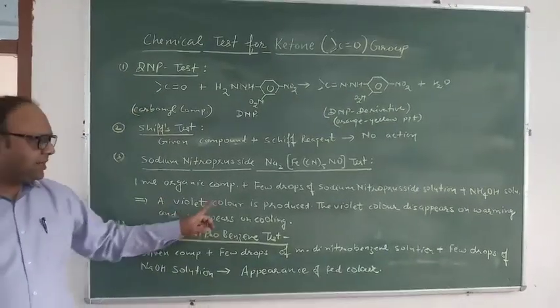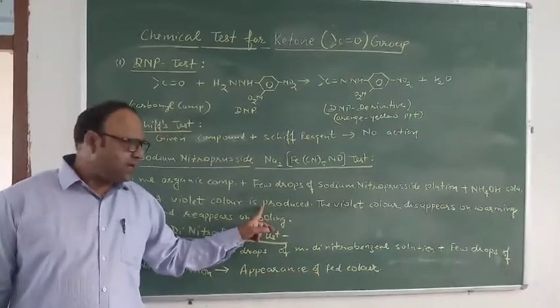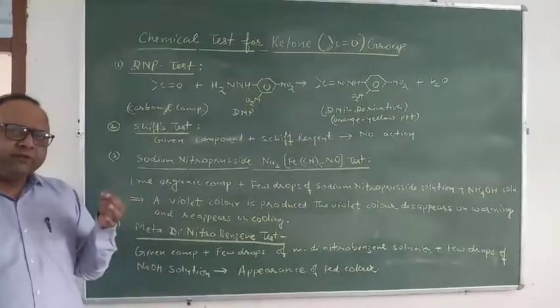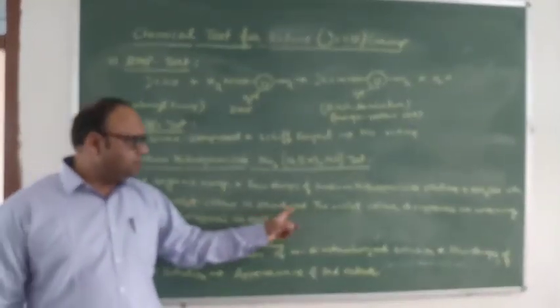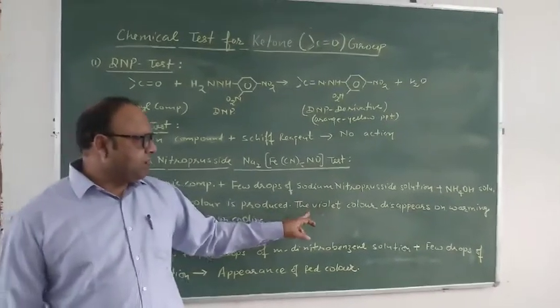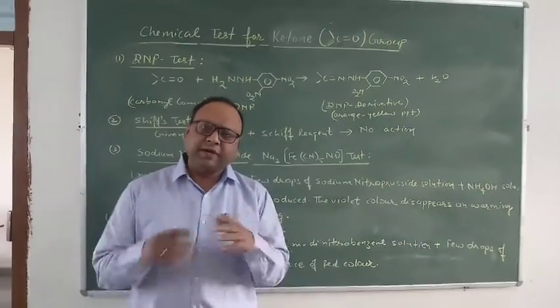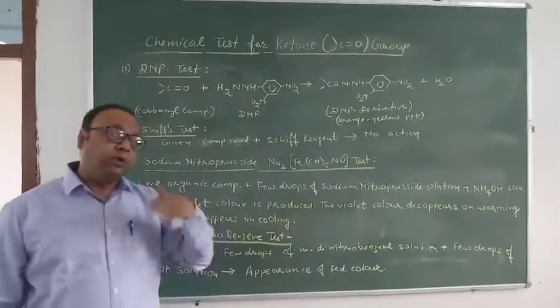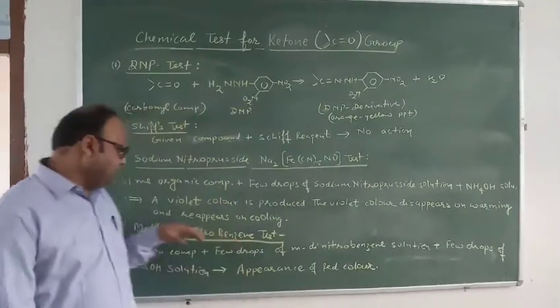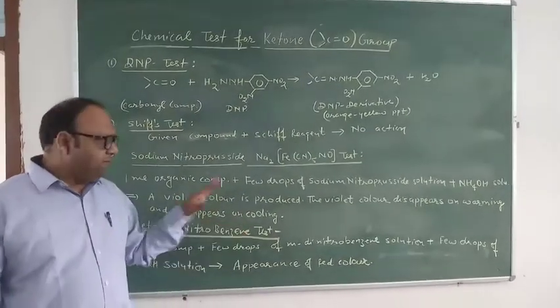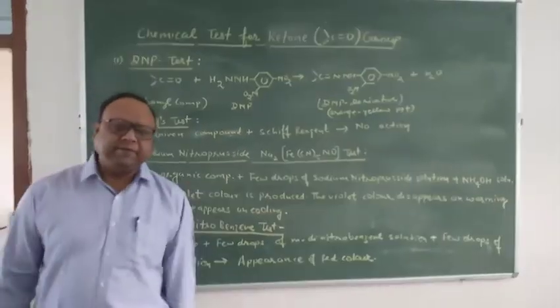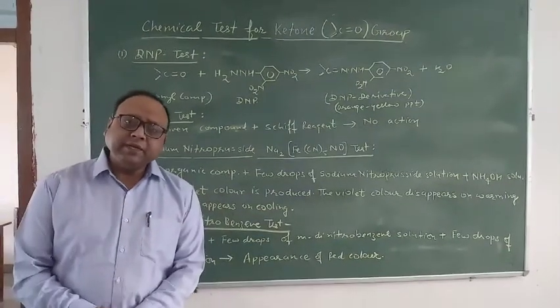A violet color is produced. On shaking, in a few seconds, a violet color is produced. The violet color disappears on warming. गर्म करने पर violet color क्या हो जाएगा? चला जाएगा. On cooling, the violet color appears again. If it takes place, then it is confirmed that the given compound is ketone.